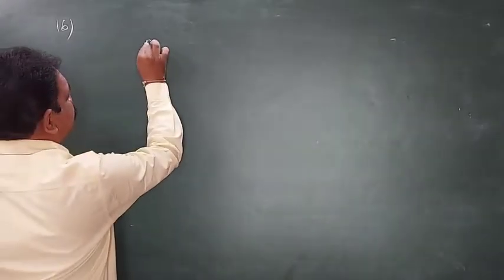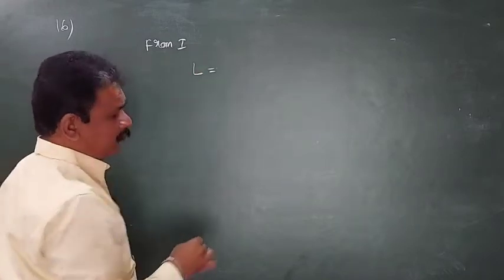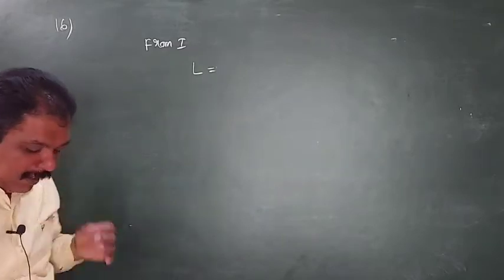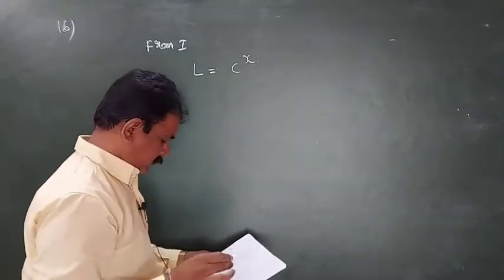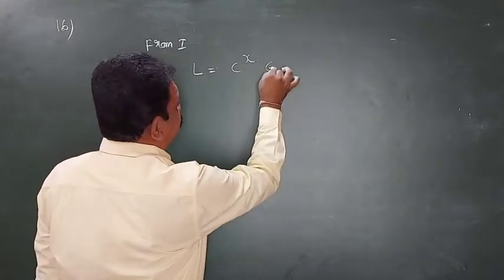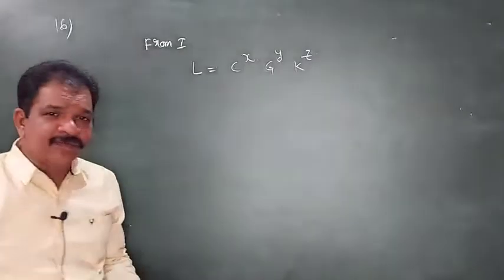So what is the first equation? L is equal to, what we are assuming, c power x, g power y, k power z.